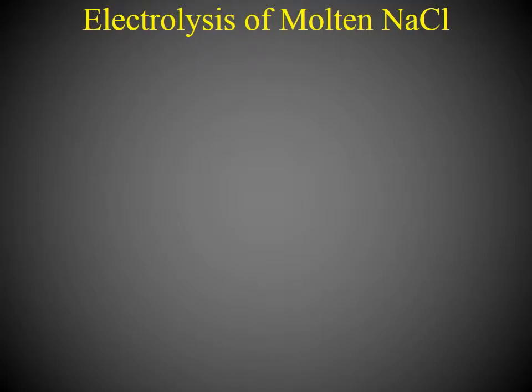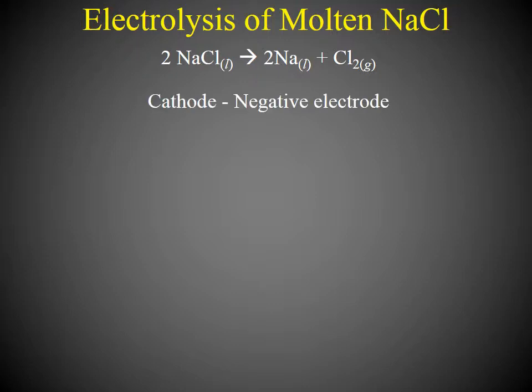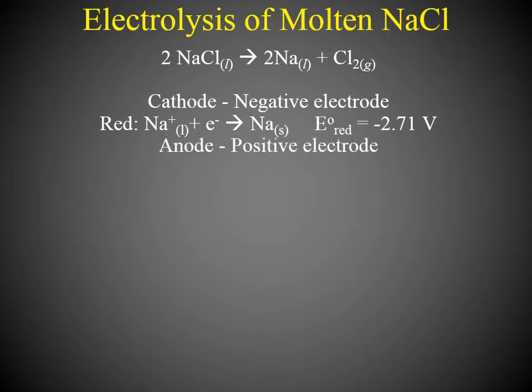Okay, let's put some numbers on this electrolysis process. And this is the reaction. Remember, the cathode is our negative electrode now, and reduction is taking place there. And of course, we obtain this value from the potentials table.